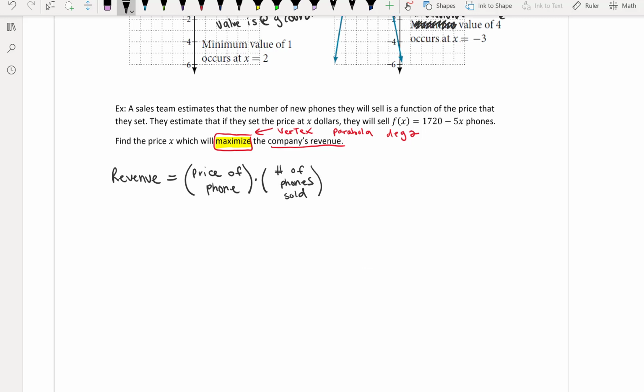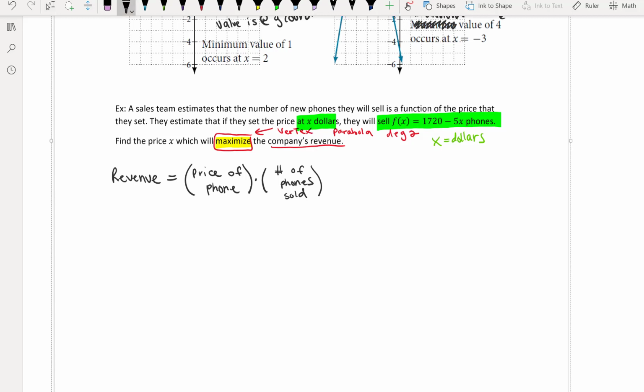Let's just reread what we have. It says that they estimate that if they set the price at x dollars, they will sell this many phones. So in this particular case, x is equal to our dollars, and here we have the number of phones as my y value. That's important to know.